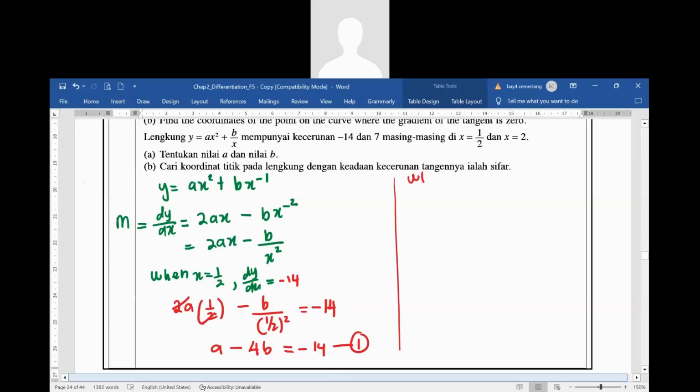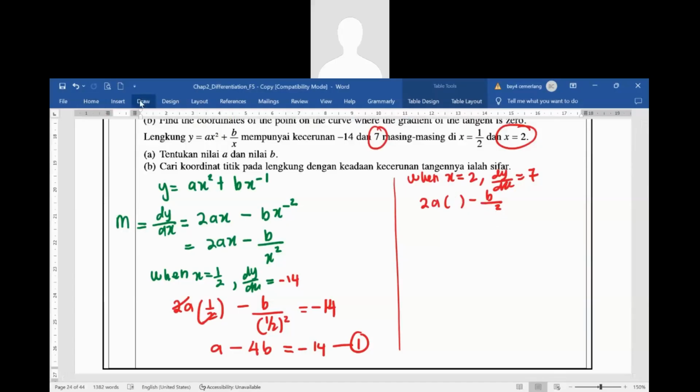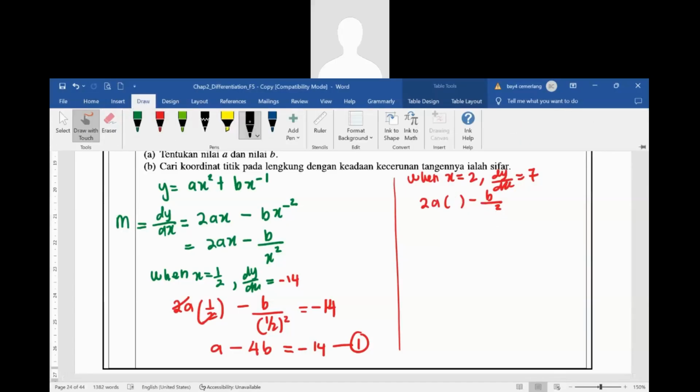Okay, then when x equals 2, the dy/dx is equal to 7. So 2a times 2 minus b over 2 squared. Sorry, you need to replace the 7 with 2. The answer was 7.